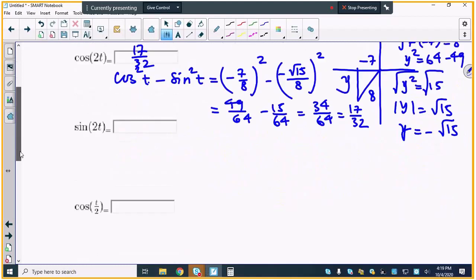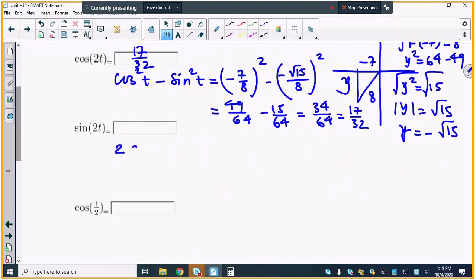For sine 2t, I use the double angle formula, so that's 2 sine t cosine t. So I get 2 times, remember, this is negative square root of 15 over 8 times negative 7 over 8.